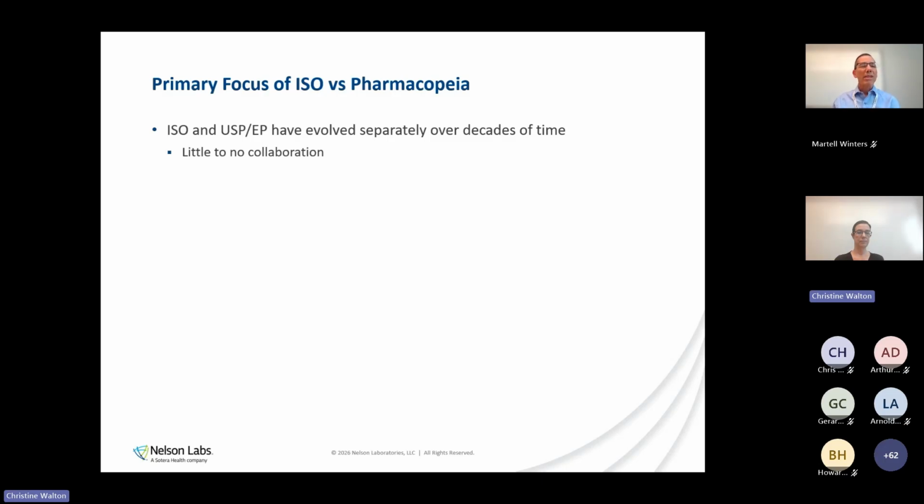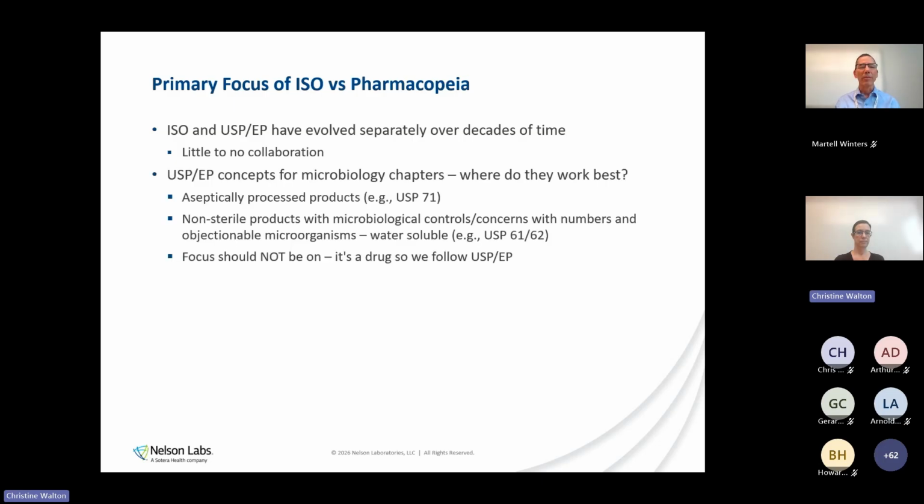But over the decades, we have the ISO approach to testing and sterilization, largely on the testing side, and then the pharmacopoeial side when it comes to testing. These two groups have evolved very separately. It's not been a collaborative situation with the evolution of how they tend to be used or how regulatory bodies tend to want to use them.